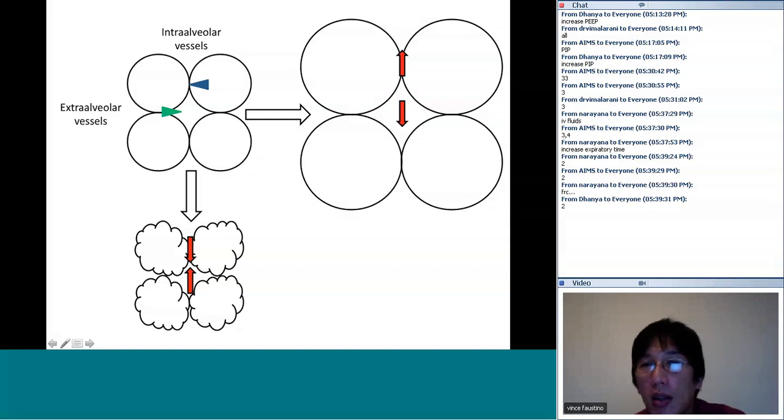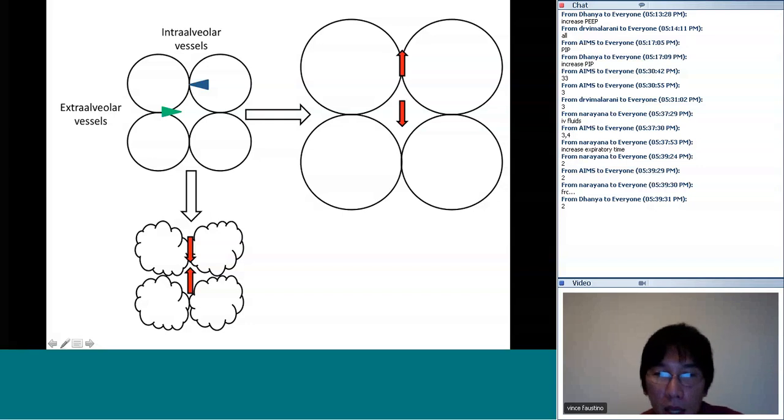in your extra-alveolar vessel. So when your volume is above FRC, the increase in resistance is secondary to an increase in the resistance in your intra-alveolar vessel, which is the opposite when you deflate the balloons. When you deflate the balloons, the pressure within the two balloons is actually less, so the resistance is less.